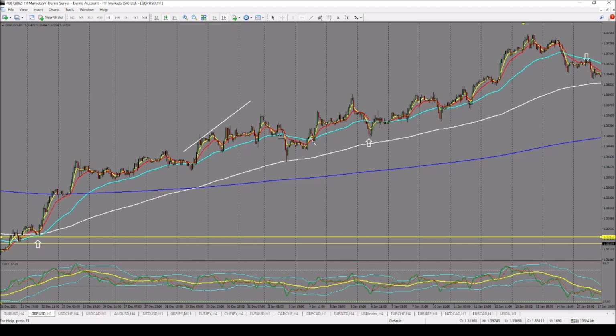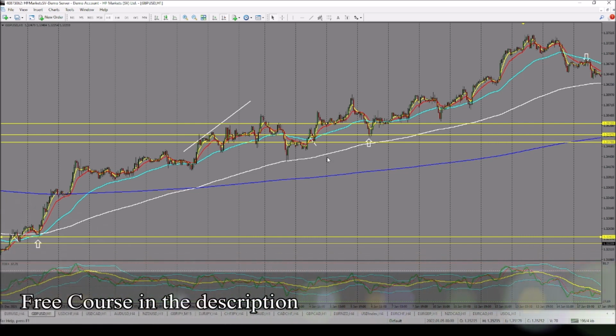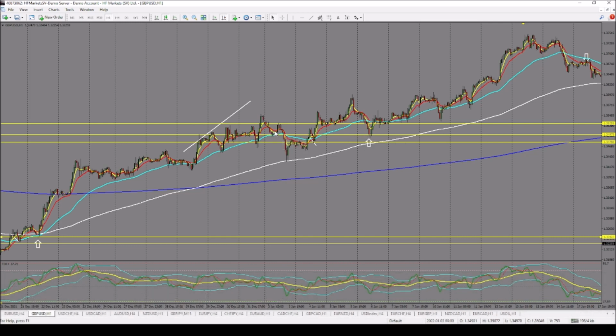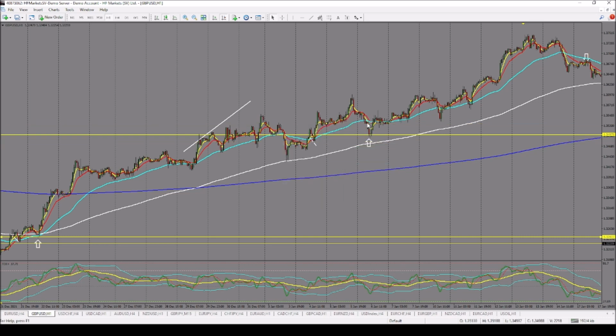Therefore, we marked 1, 2, and the neckline 3. Which one was the nearest to the zone of reversal? This one was actually the one that was going to be correct. Therefore, we can remove all the other ones. So you can see the market actually respected this point.